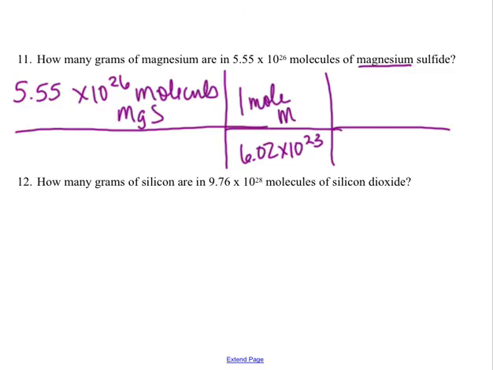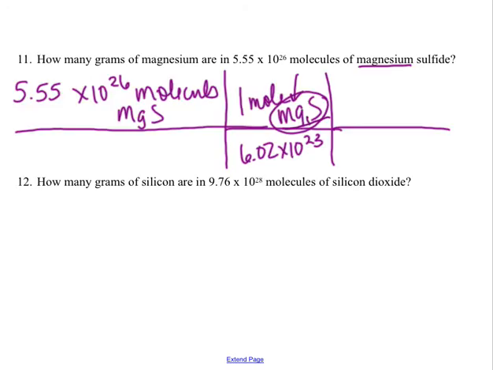So what I want to do from here, what is this mole? These are moles of the full thing, right? What I can do is break it down even further. This is also a mole ratio. It's 1 to 1. So for every 1 mole of this whole thing, how many moles of just magnesium do I have? 1. If I have a mole of automobiles, cars, how many moles of steering wheels do I have? 1. If I have a mole of automobiles, how many moles of tires do I have? 4. Okay? So that's kind of what you're doing.